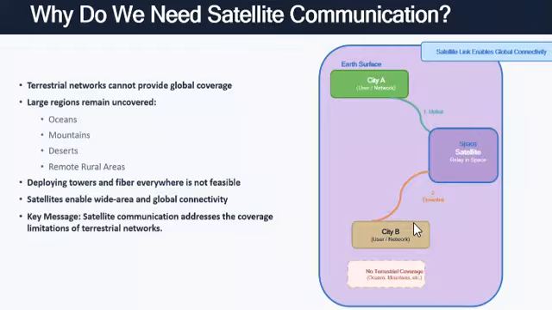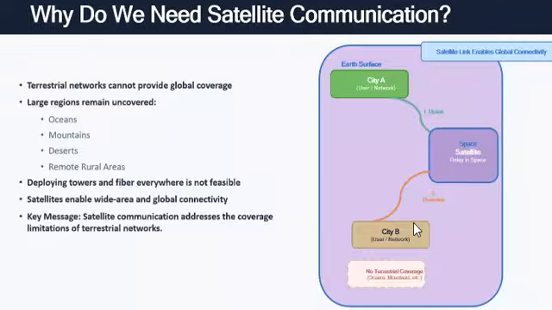If I have to explain in the basic way, there are oceans, mountains, deserts, and remote rural areas. Oceans where the navy sails, they need to send some data.